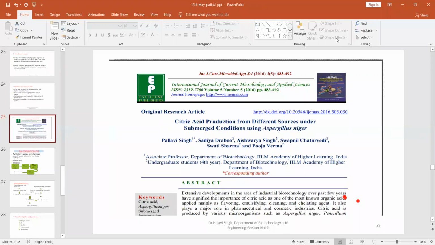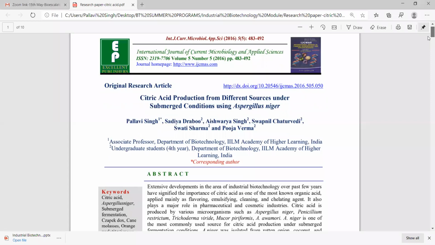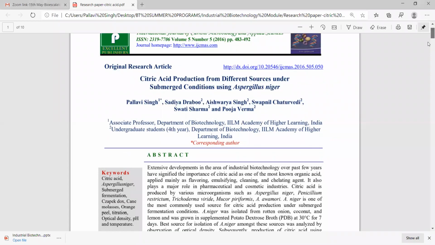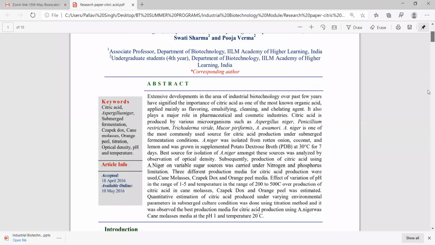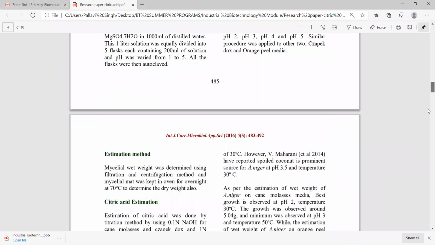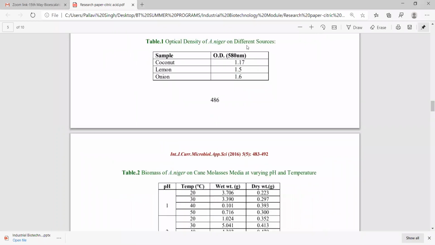I'll go to the paper. So these are the sources: coconut, lemon, and onion we had taken for extracting Aspergillus niger, and the broth we used for growing and extracting it was potato dextrose broth.